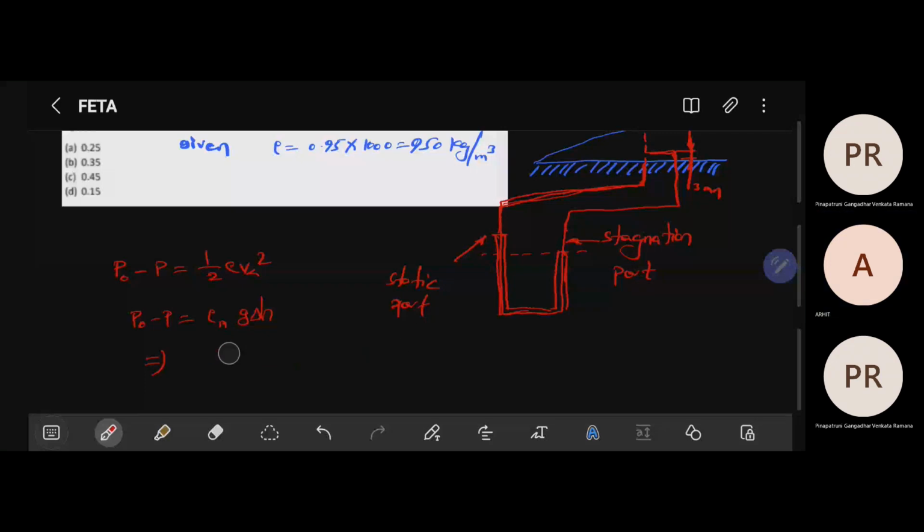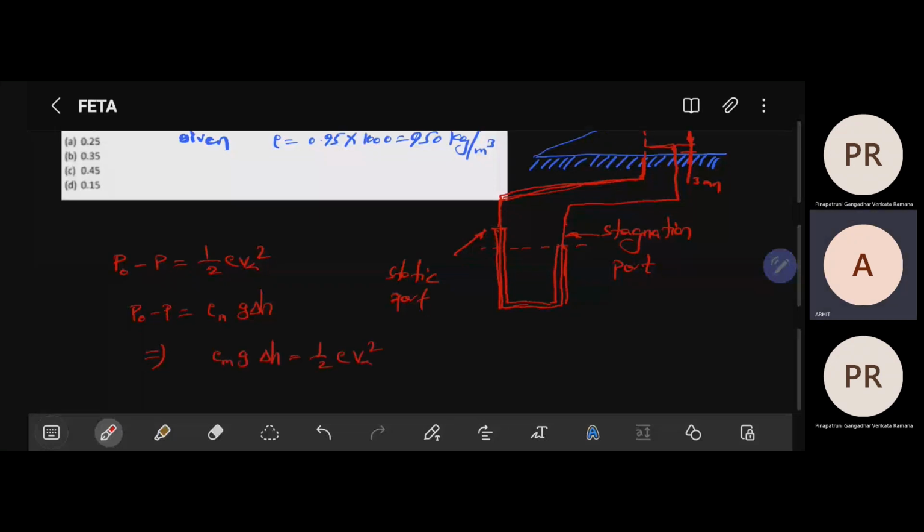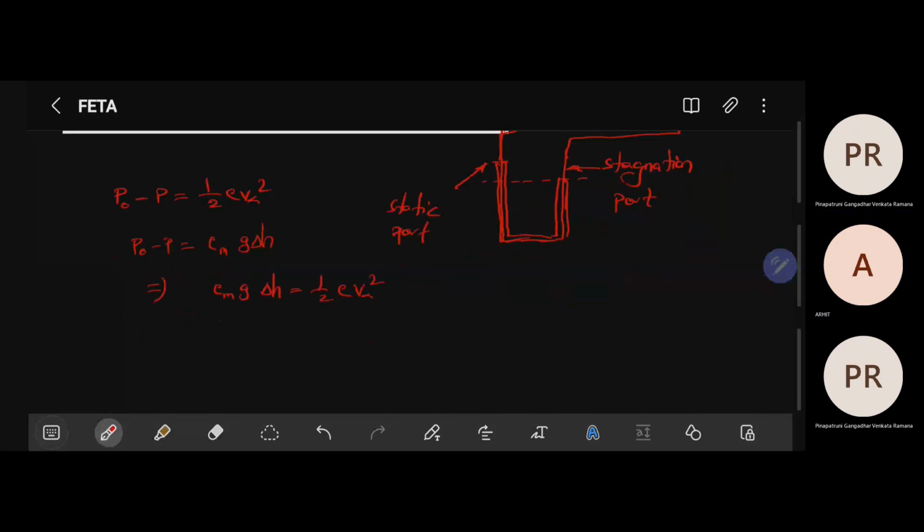Or you can do like this and find the answer. I will also directly simplify: rho g delta h equals half rho v infinity square.